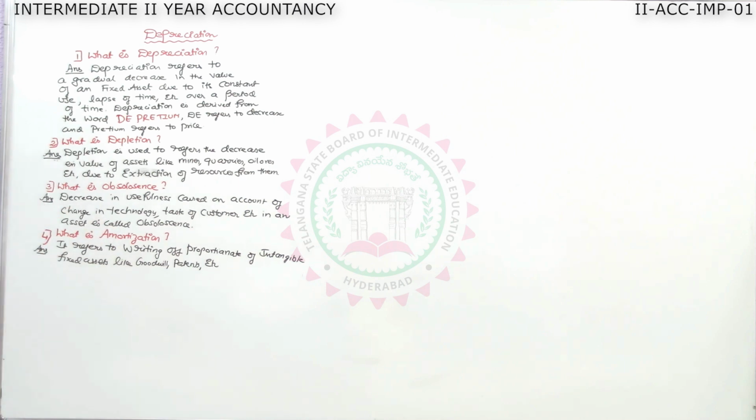This is called amortization. These are the four from which you can expect one.